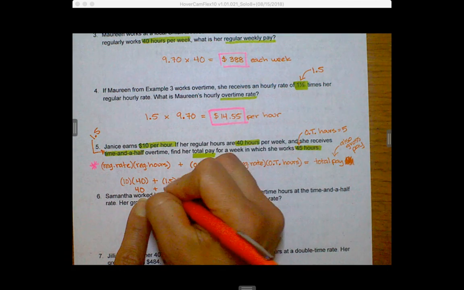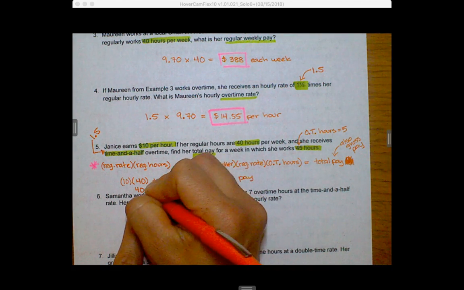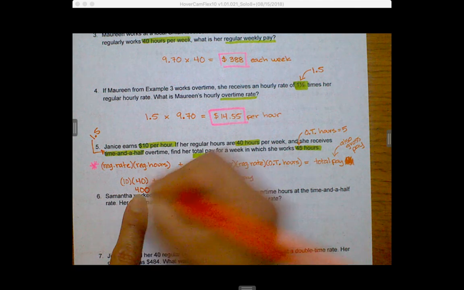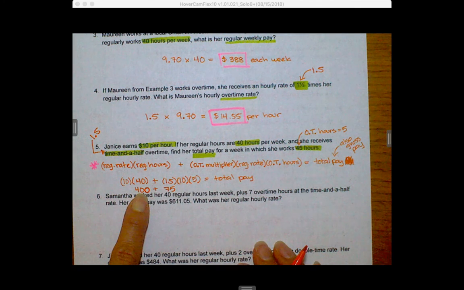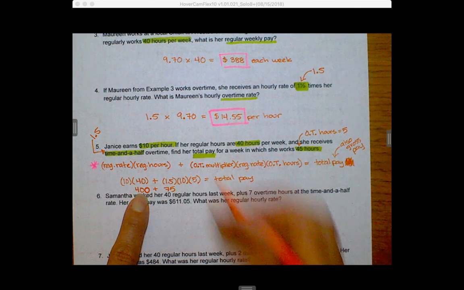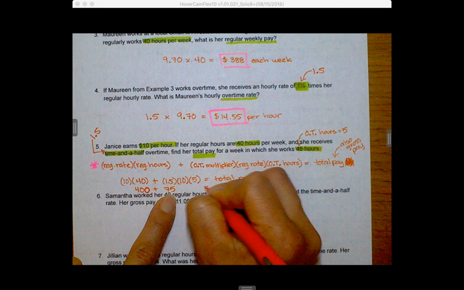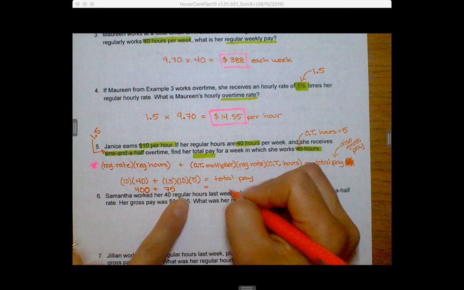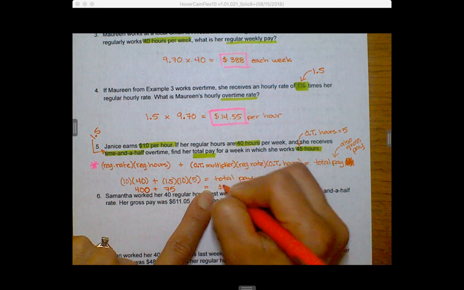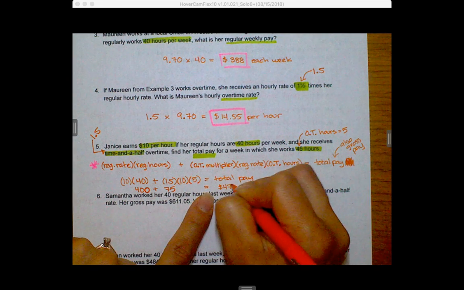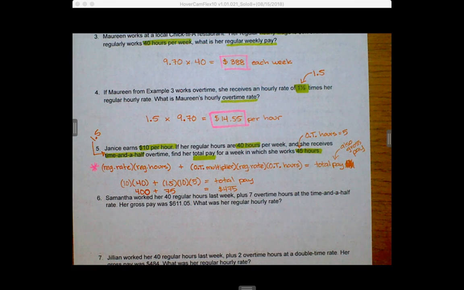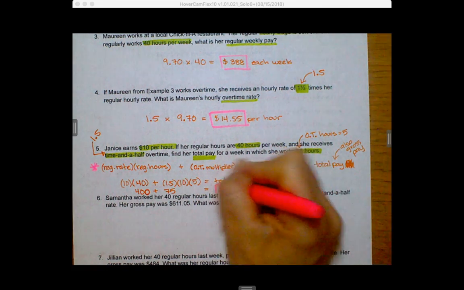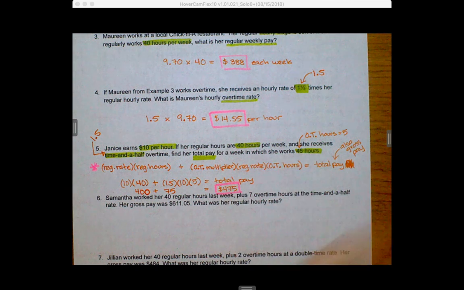Okay, 75. And I think I forgot a 0 right here, because 10 times 40 is actually 400. So please make sure that you update that. Now we're going to add. 400 plus 75 gives me her total pay of 475. So 475 is your answer. That was her total pay for the week, factoring in that overtime.